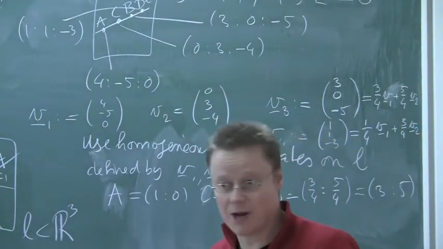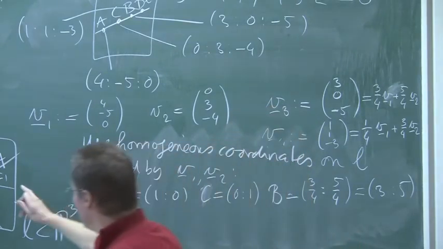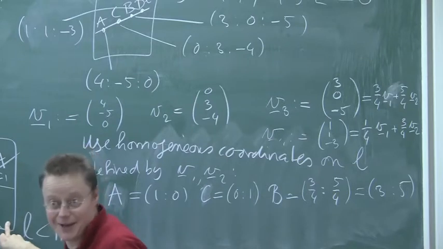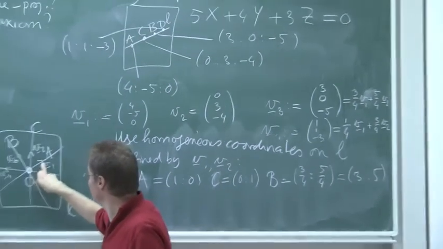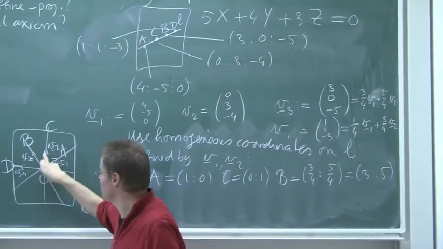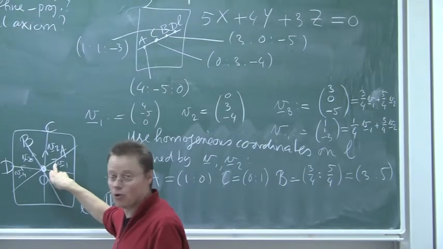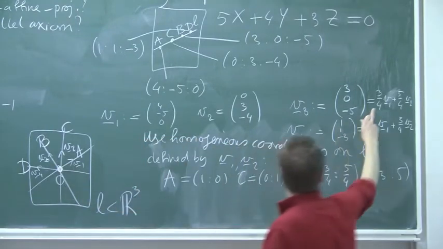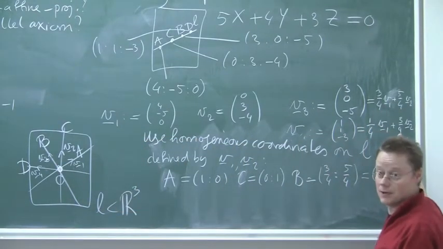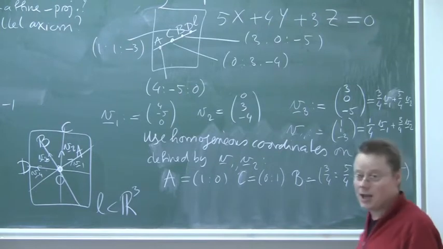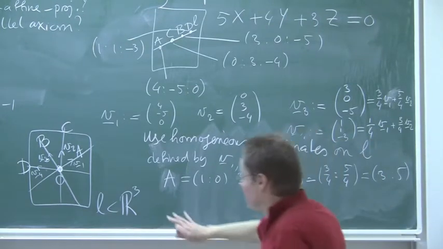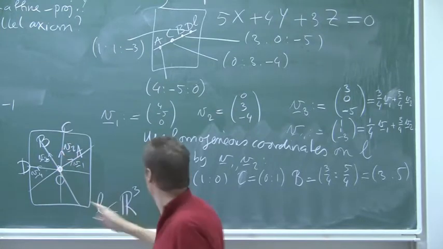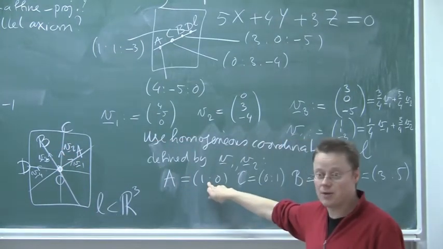It comes from linear algebra. V1, V2 are a linear algebra basis of this plane. I can express this vector, this vector, this vector, this vector in this basis. This has coordinates 1, 0, 0, 1. And here we have computed the coordinates. And when I go from the Euclidean plane here to the projective line, I use colons instead of commas.